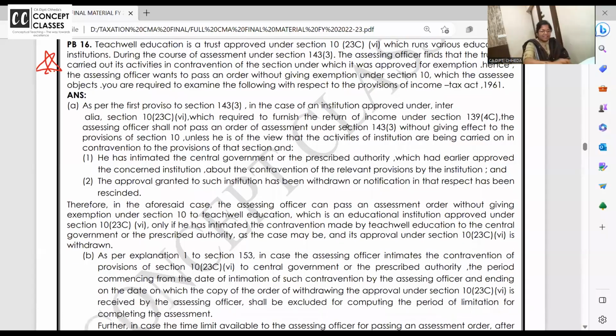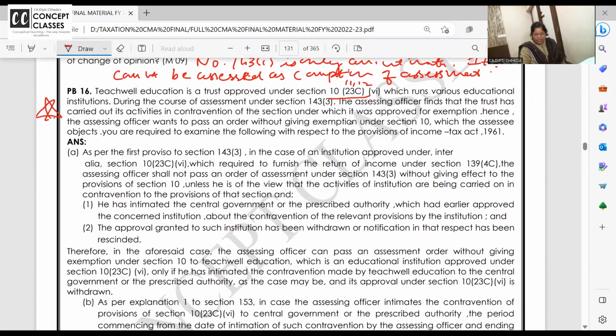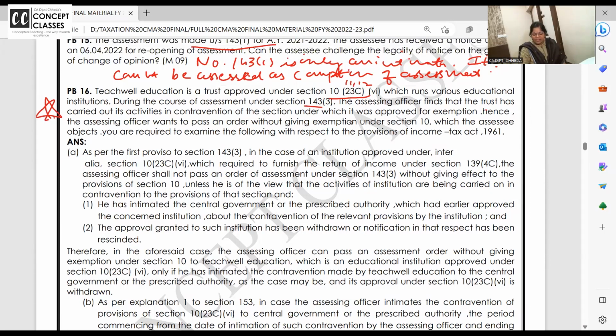Let us see. I just explained orally. It's a very interesting case. Teach Well Education is an approved trust. You know, trusts are approved either under 10(23C) or 11 and 12. These are the first regime, second regime I told you about, which runs various educational institutes. During the course of 143, the AO finds that... which assessment is 143? Anyone in the class? 10 times I have told you until now. 143(3), 144, 147.